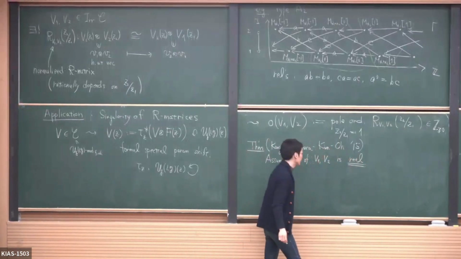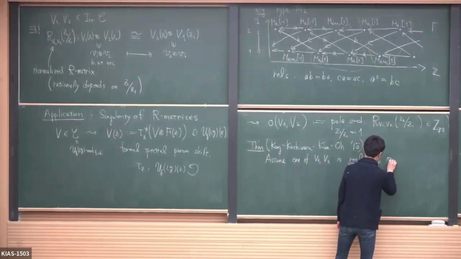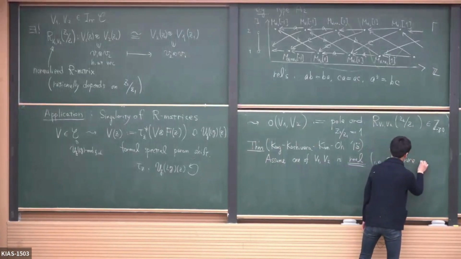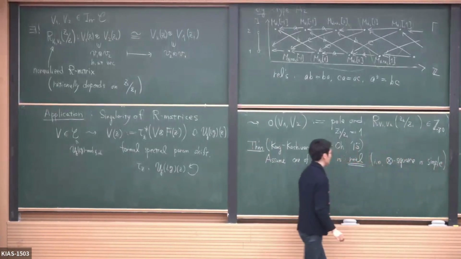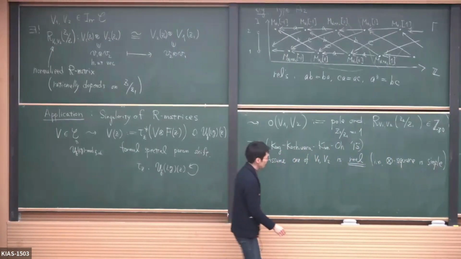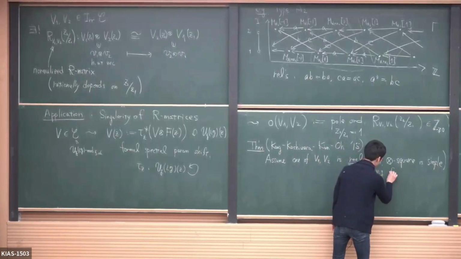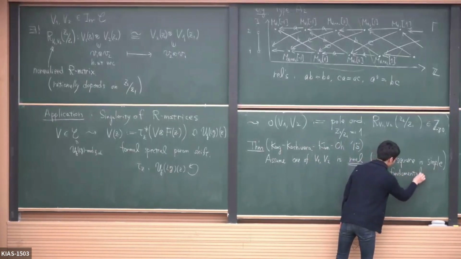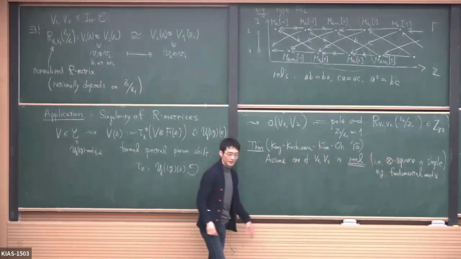So real means that the tensor square is again simple. And for example, fundamental modules are known to be real.